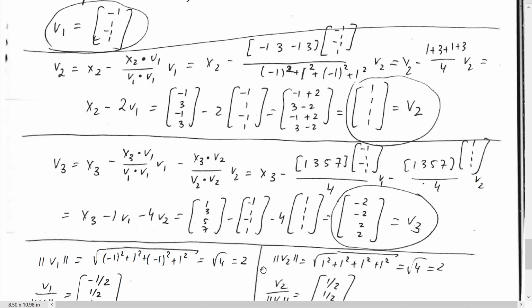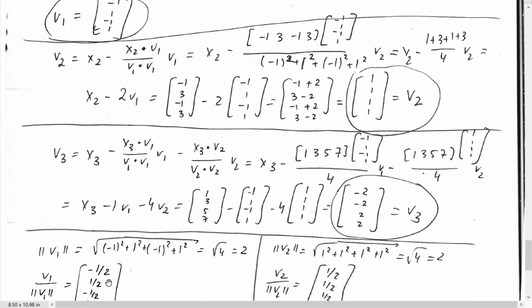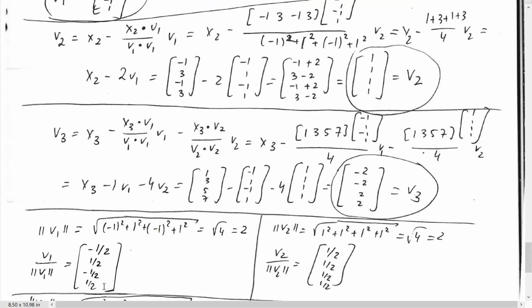It's square root of 4, which is 2. So to normalize it, we take the vector divided by the length, or 1 over the length. So each and every coordinate is divided by 2. So we have minus 1/2, and so on.